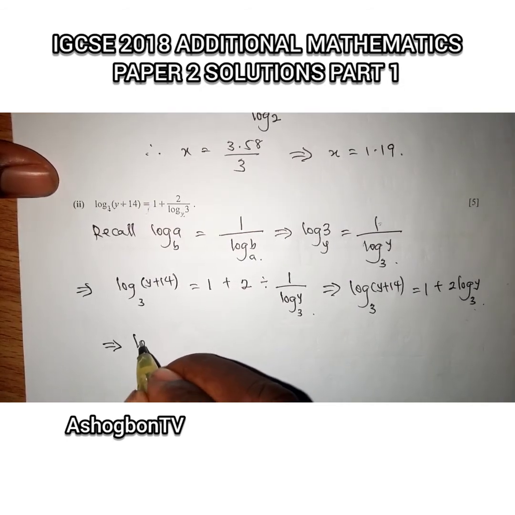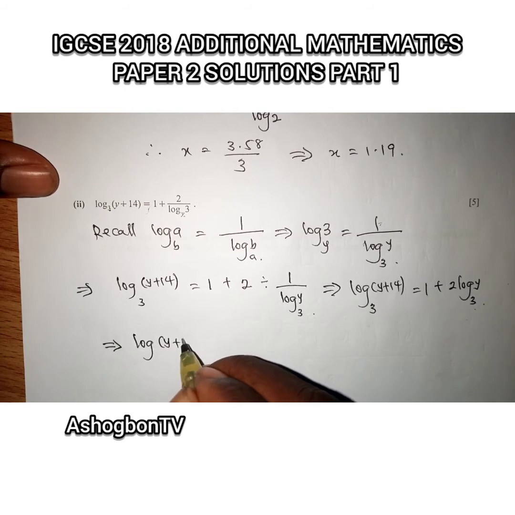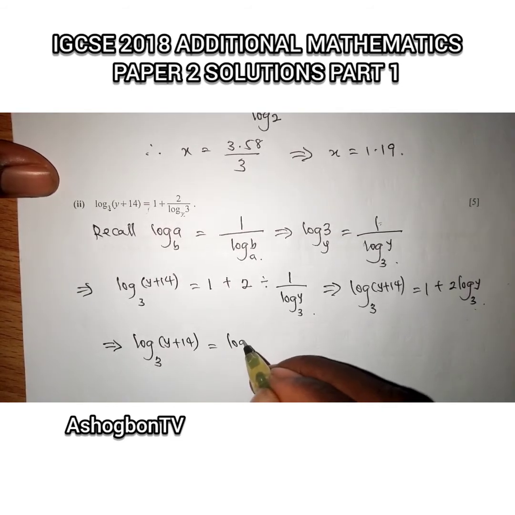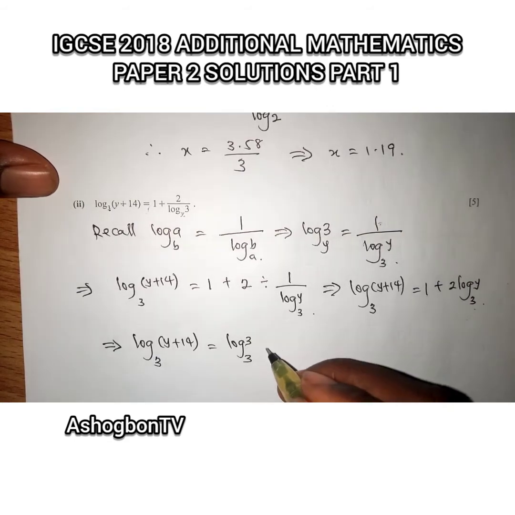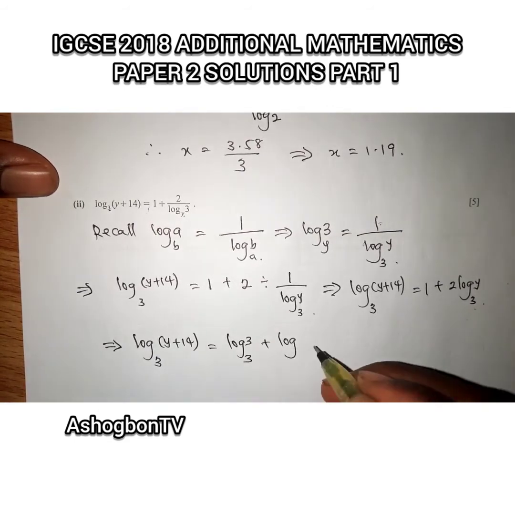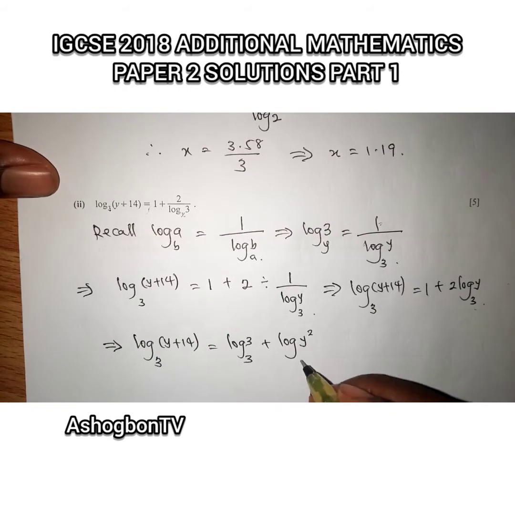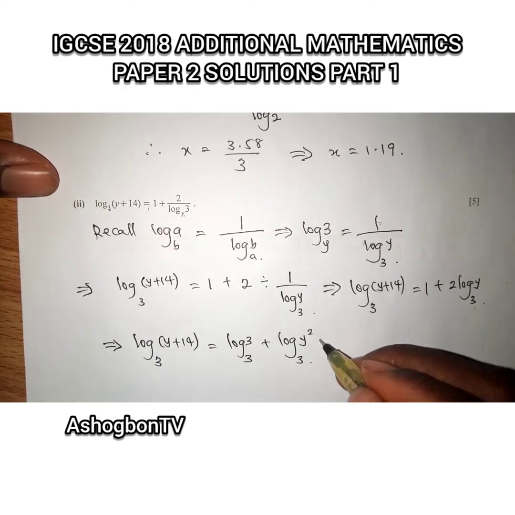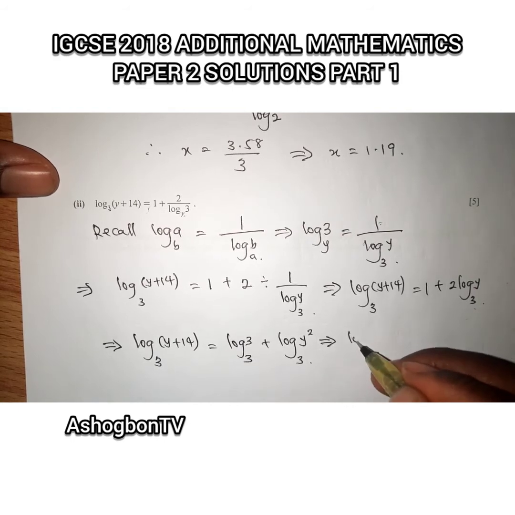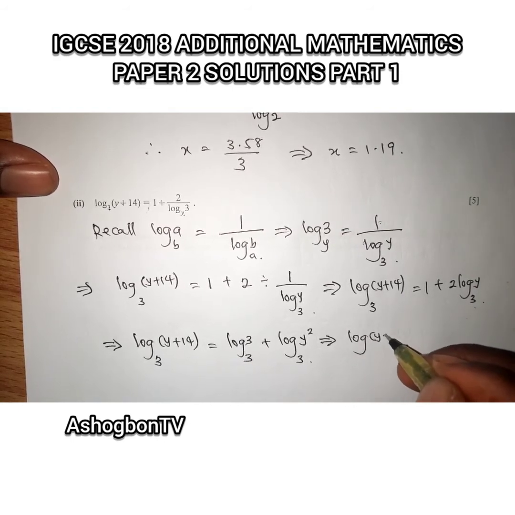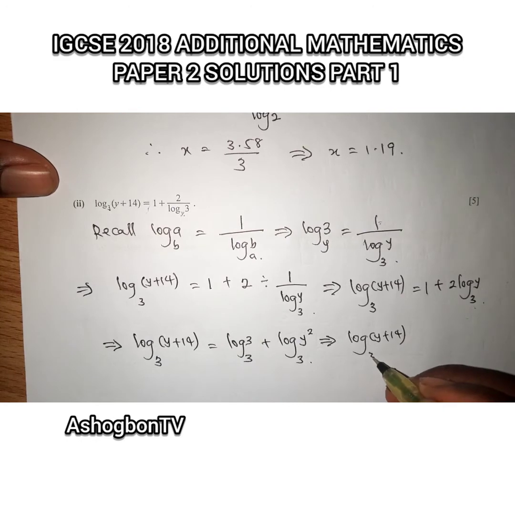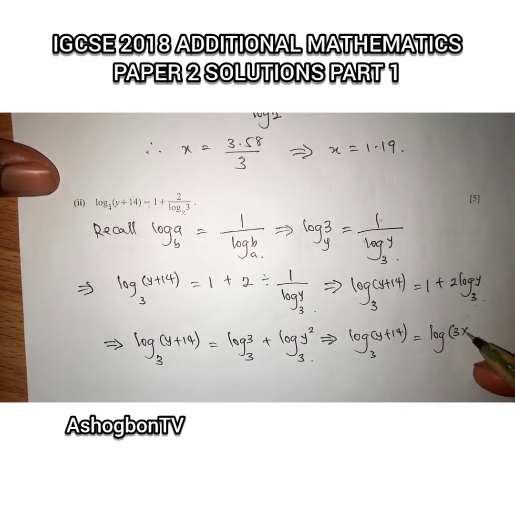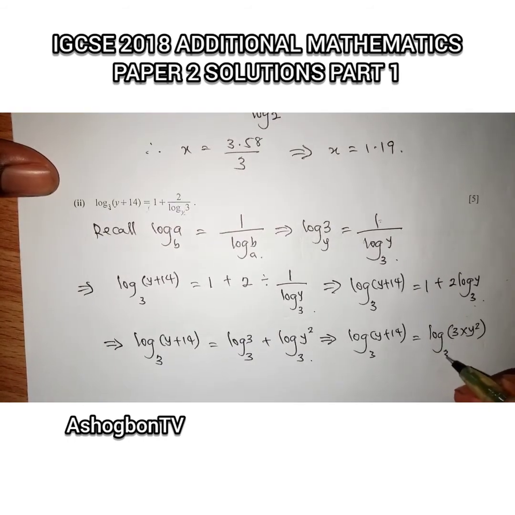You're going to have log y plus 14 base 3 equal to log 3 base 3 plus, I'm going to write this expression as y raised to power 2 base 3, taking the 2 to the other side. And now it will be good for me to just apply the law of logarithm here, which is y plus 14 base 3, and that will be equal to log 3 times y squared base 3.